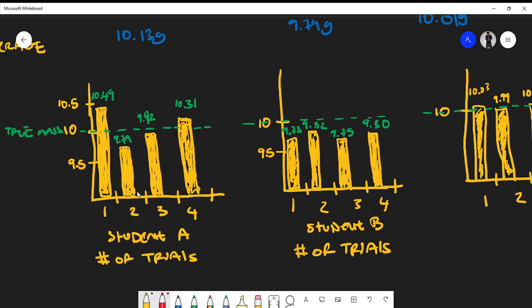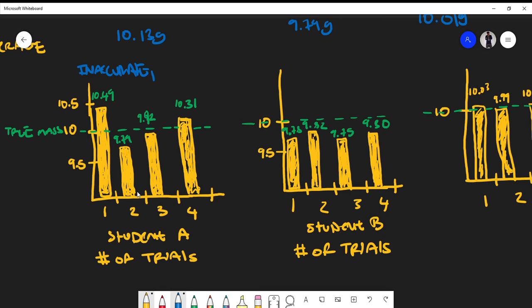He's inaccurate, and we say that he would be inaccurate in this case, because he pretty much only got close to the true measurement of the block once.